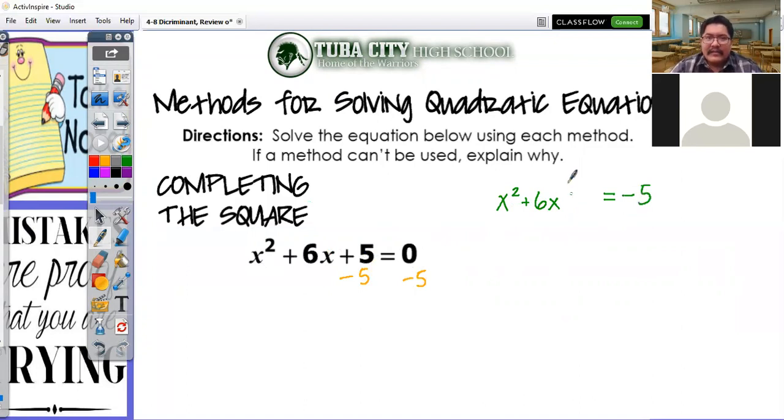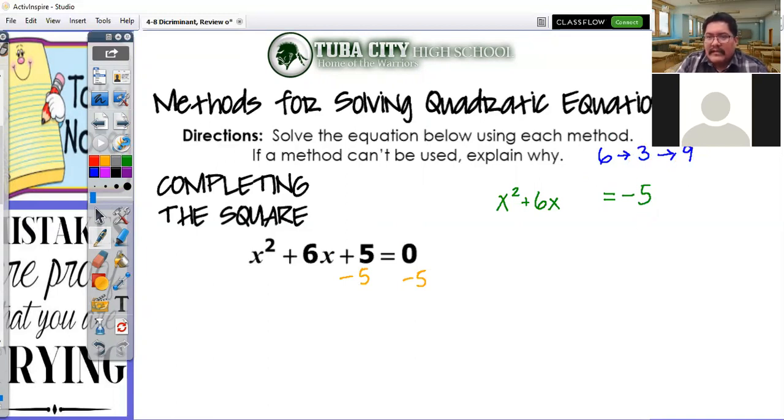Now what I need for this one is a perfect square trinomial. So I need to put something in here to make it work. So what can I put in there to make it into a perfect square trinomial? So what you do is you take your b value, so take it, half it, square it.